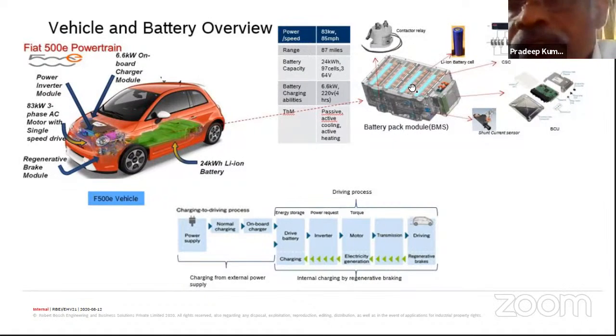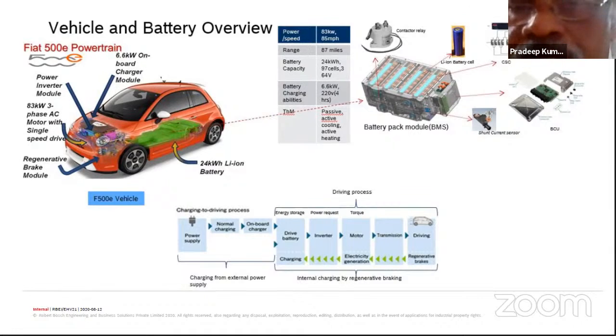The most important thing with respect to a lithium-ion battery is that you require an electronic circuit called the BMS, battery management system. You can see the battery pack and the battery management system here. The battery management system is an electronic circuitry which monitors the battery pack.